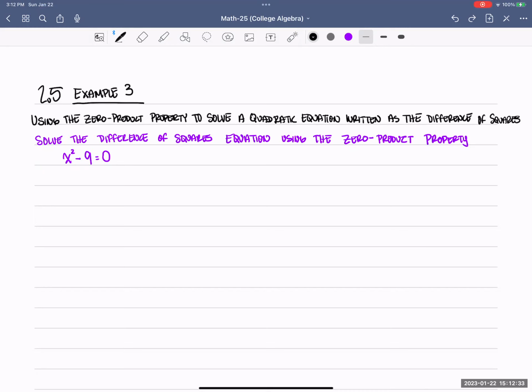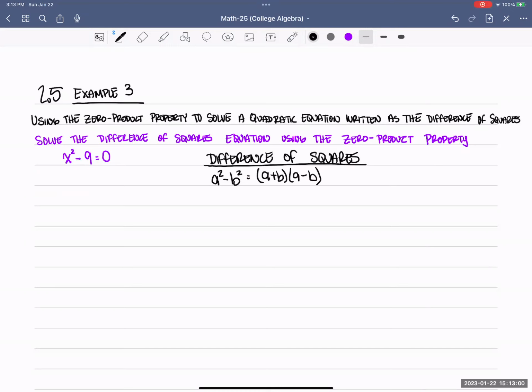So, a difference of squares: we could factor a squared minus b squared as a plus b, a minus b.